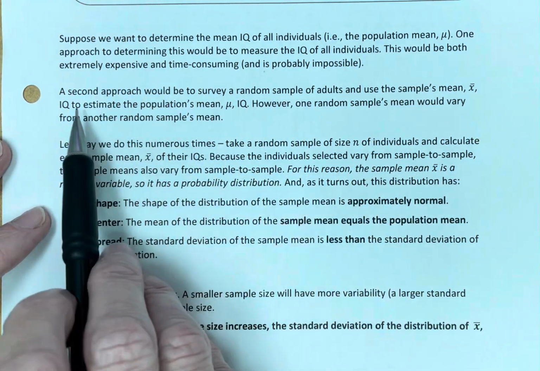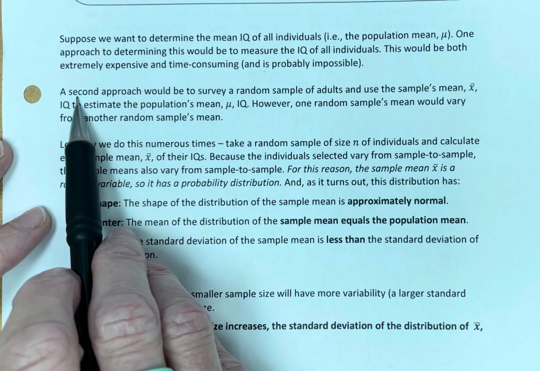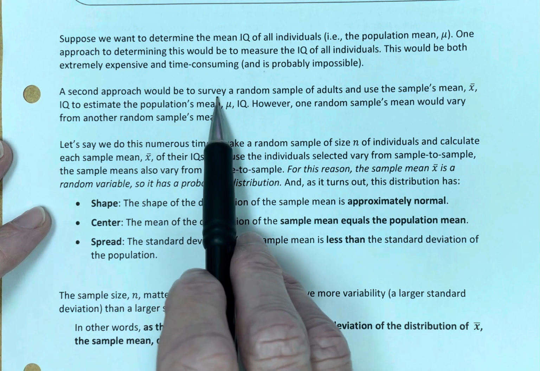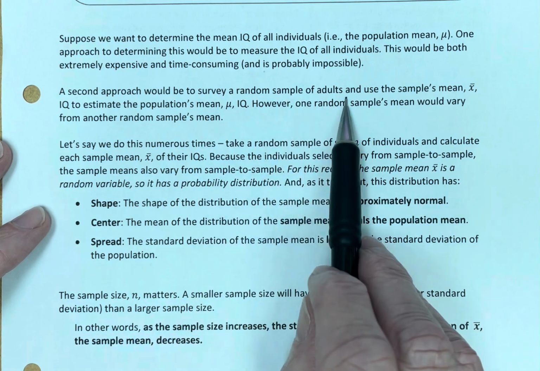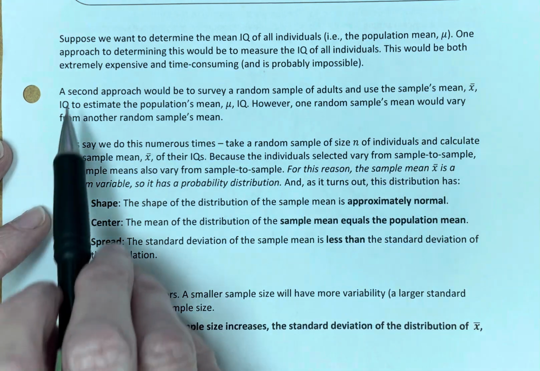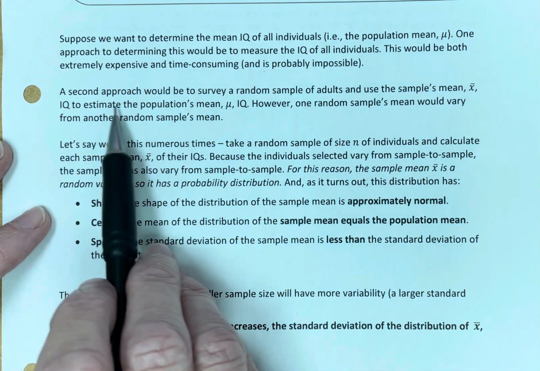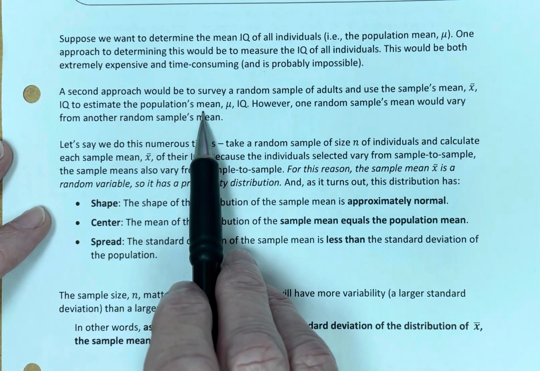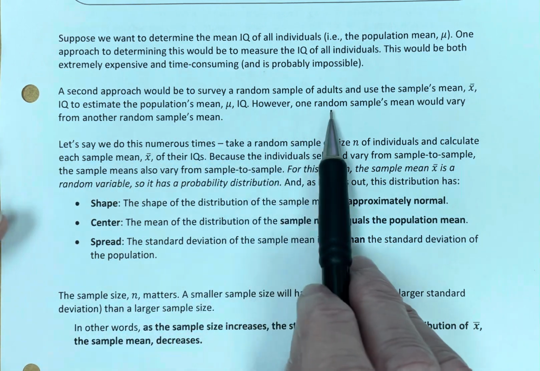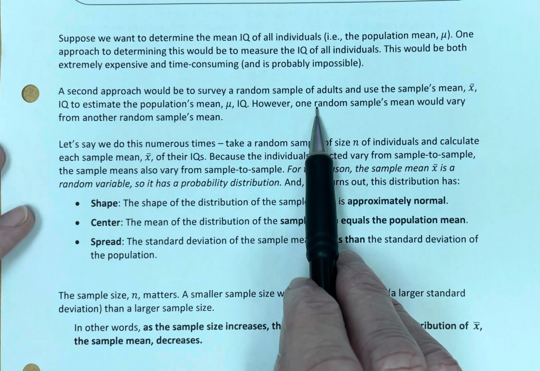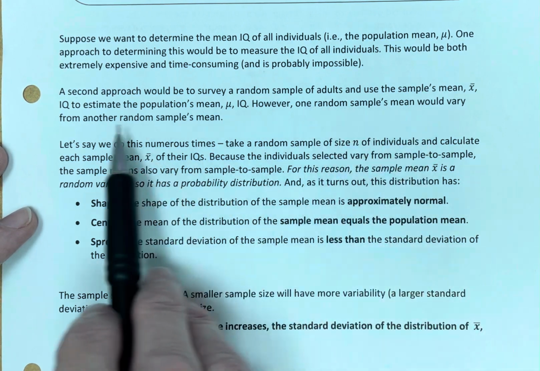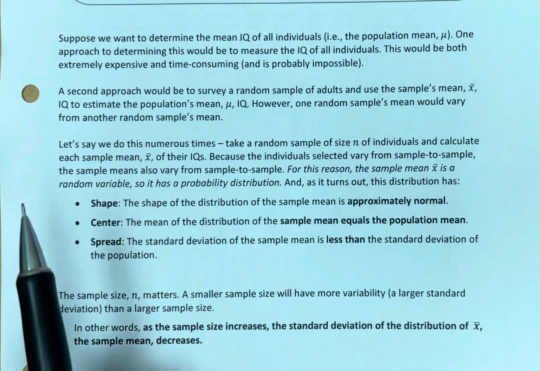So a second approach is to survey a random sample of adults and use the sample's mean IQ, X bar, to estimate the population's mean, mu. However, as we know, the samples will vary from sample to sample. One sample's mean would vary from another sample's mean.